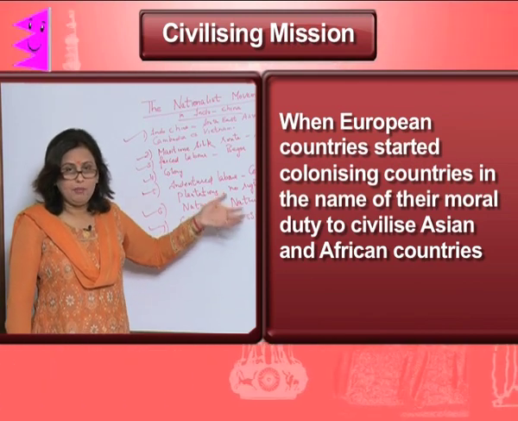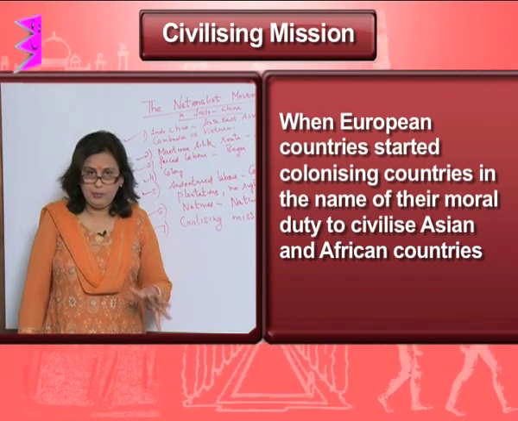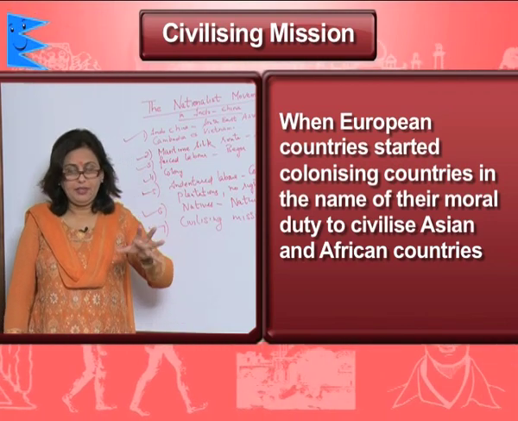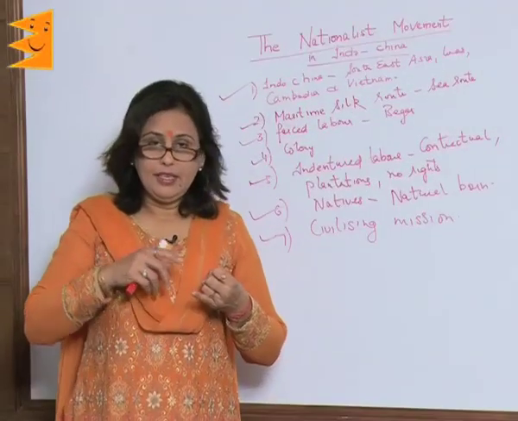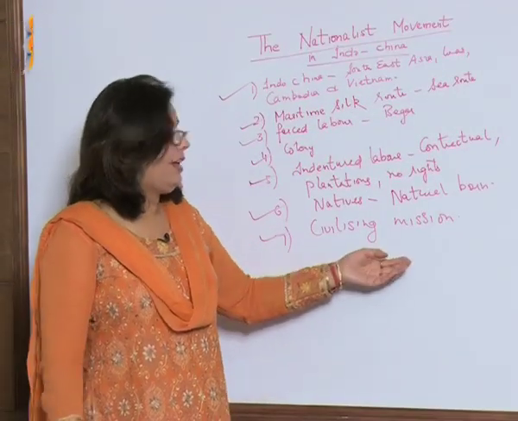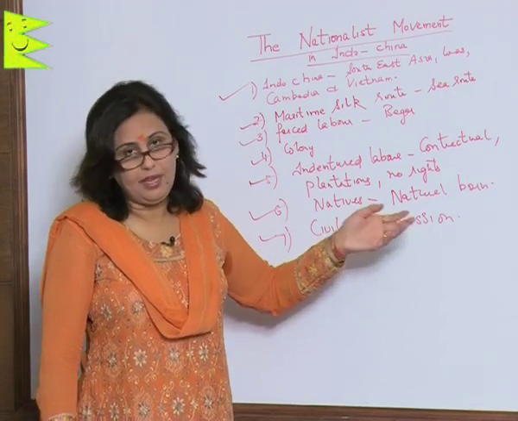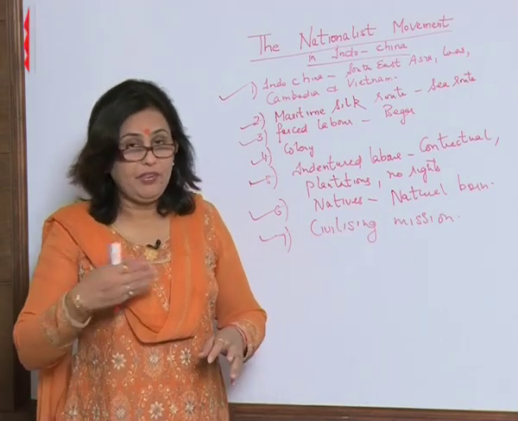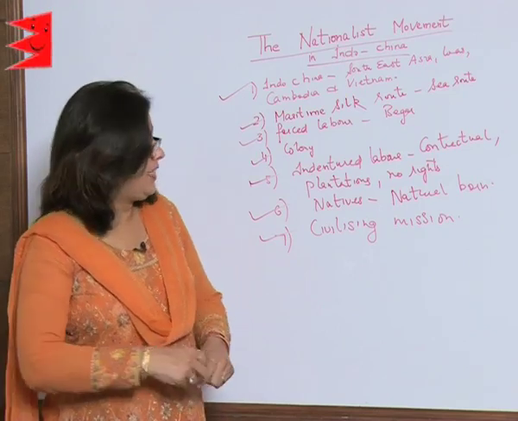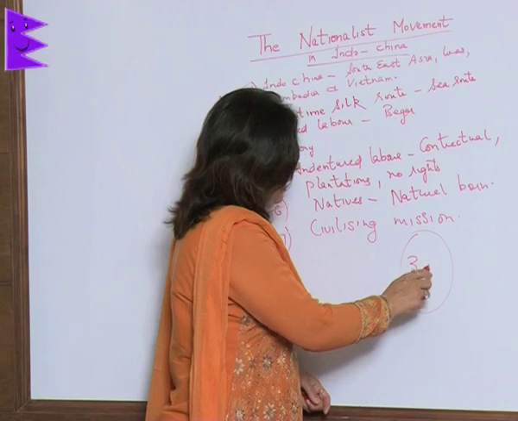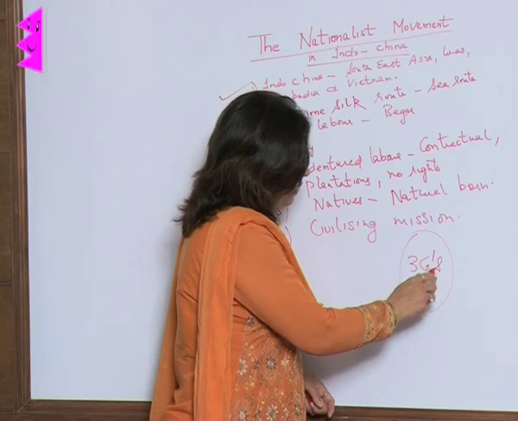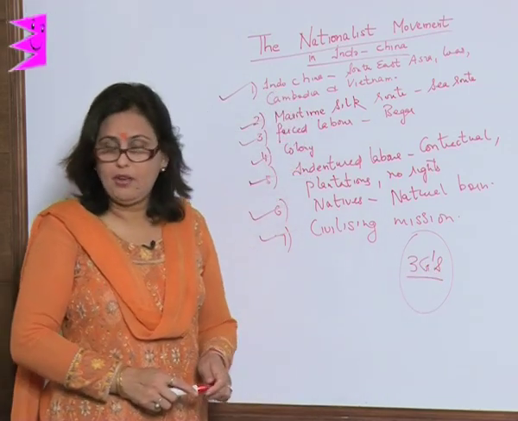Therefore, it was the moral duty of the European countries to see that they become civilized. And this civilizing mission, they said, was the reason behind making colonies. But what was the real reason? In fact, it is said that it was the policy of the 3 G's, as we call it, that they started making colonies with.